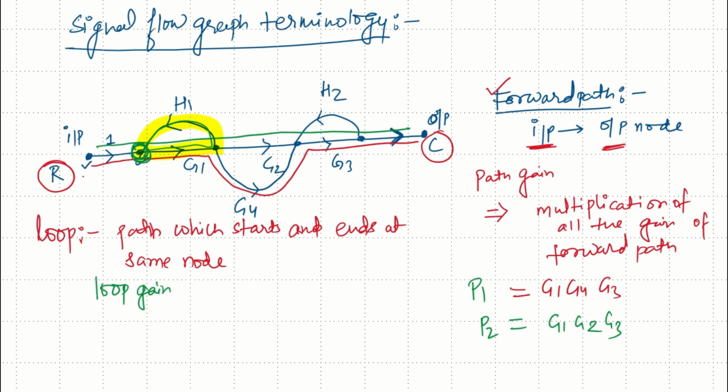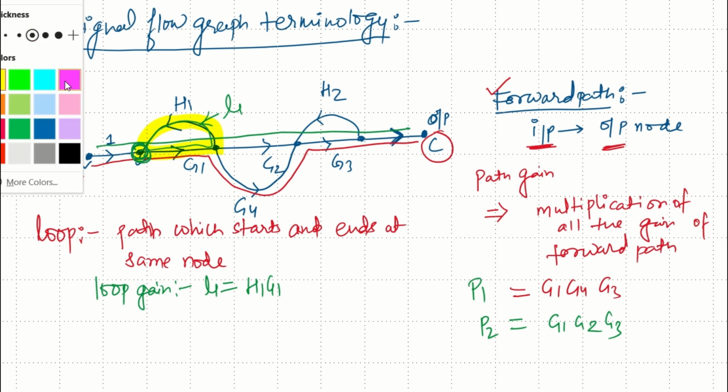The loop gain is the multiplication of all the gains of the loop. So the loop gain for this loop, let it be represented by L1. This loop is represented by L1. So the loop gain of this loop will be H1 into G1. Similarly, there are different loops in this signal flow graph.